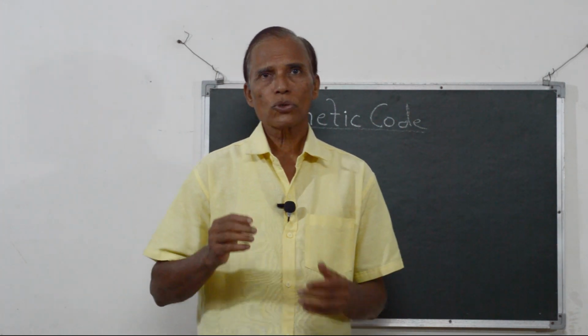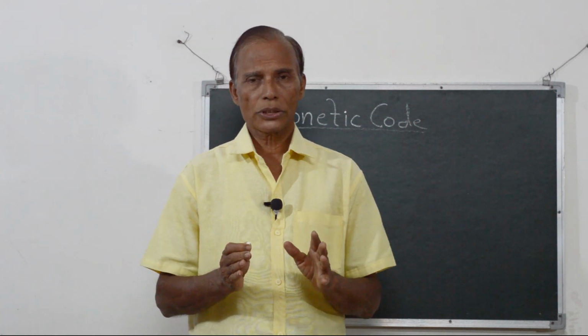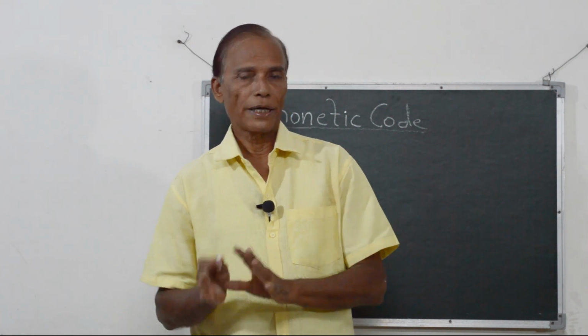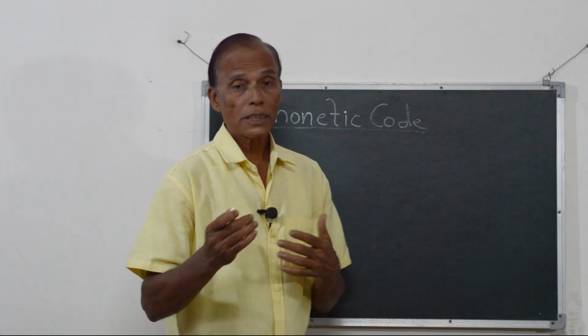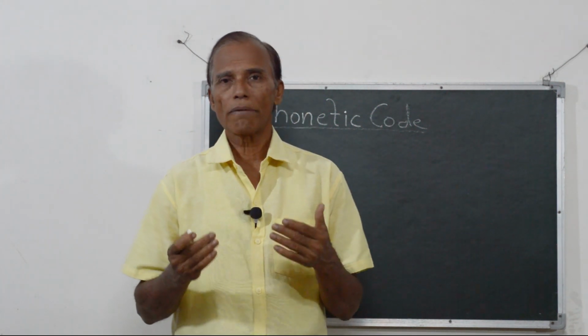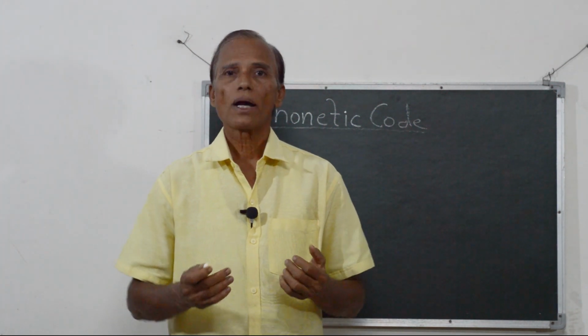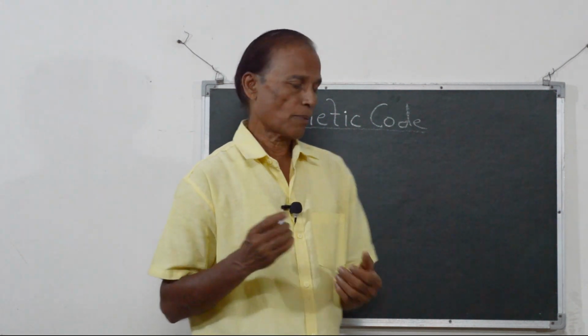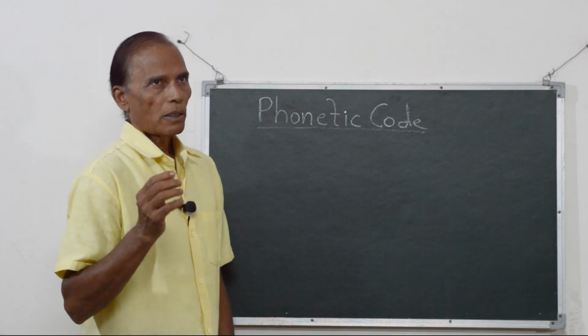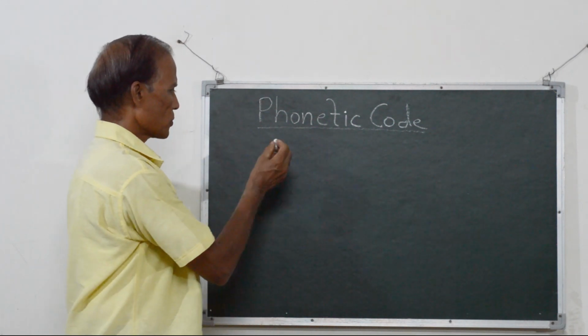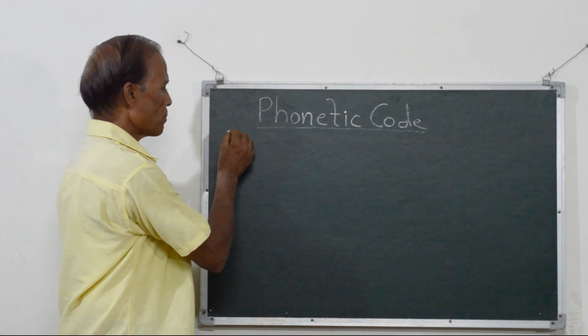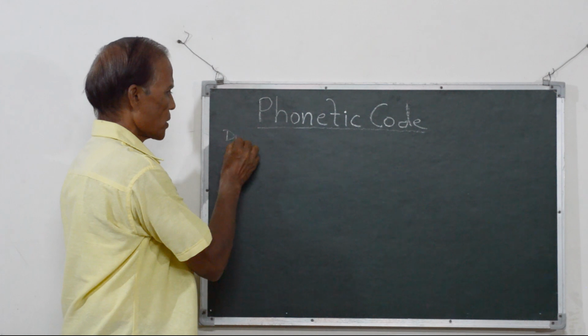So in phonetic code, what happens? We associate digits to letters. First, I will list this association and then I will elaborate upon that. Let us start with 1. I will write numbers, or digits, on this side.